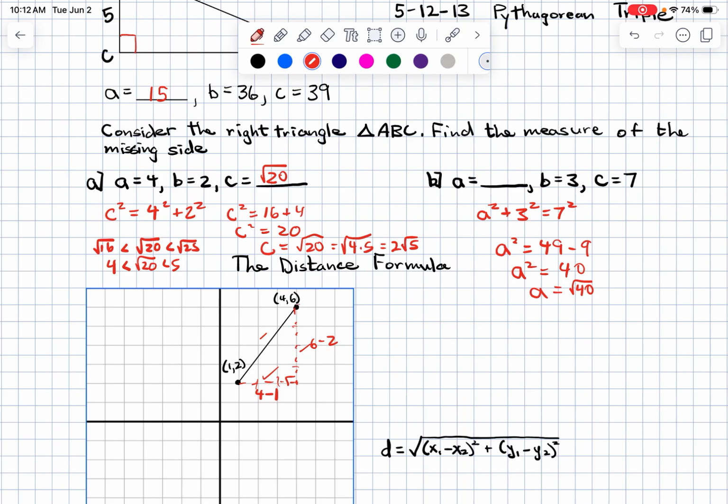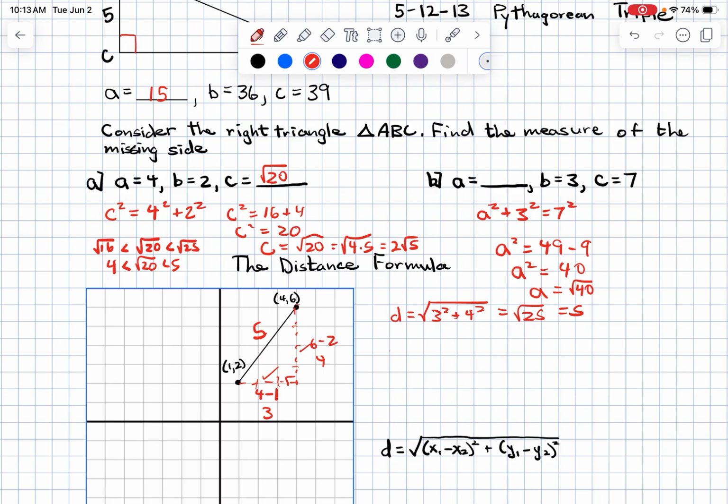So what we've got here is a triangle with sides 3 and 4. So the distance is the square root of 3 squared plus 4 squared. In other words, the square root of 25, which is 5. So this distance here is 5.